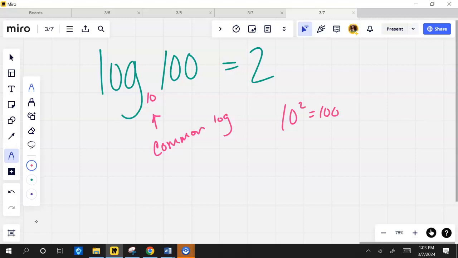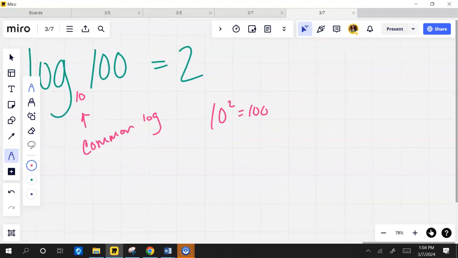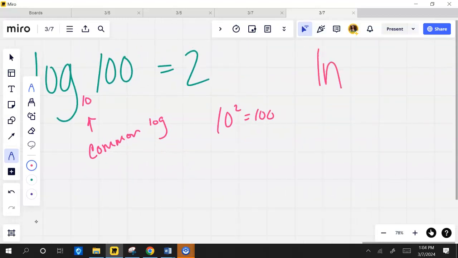Now, even more common than the common log is what we call the natural log, ln, which is a log whose base is e. Not 10, e. E is 2.71, something. It's an irrational number.